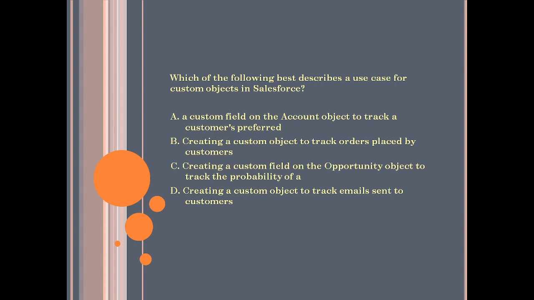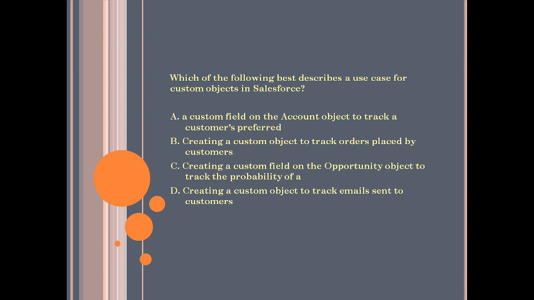Which of the following best describes the use case for custom objects in Salesforce? We know that custom objects means custom tables. Coming to the options, a custom field on the account object to track a customer's preferred value. This is a custom field, so it is not correct. Option B, creating a custom object to track orders placed by the customers. Option C, creating a custom field on the object to track the probability.